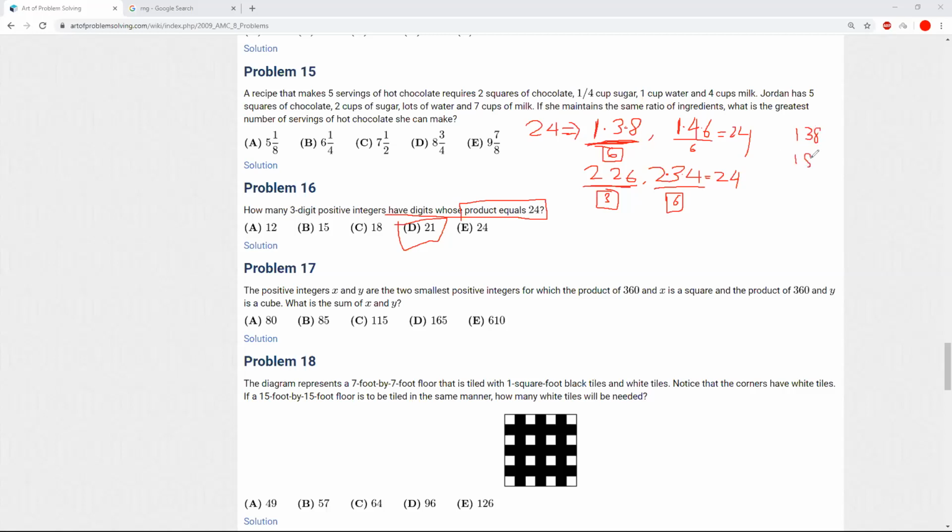So like 183 is a permutation. And then like 318 is a permutation. 381 is a permutation. 813 is a permutation, and 831 is a permutation. So we have this number can form 6 different 3-digit numbers, or it's called 6 permutations.